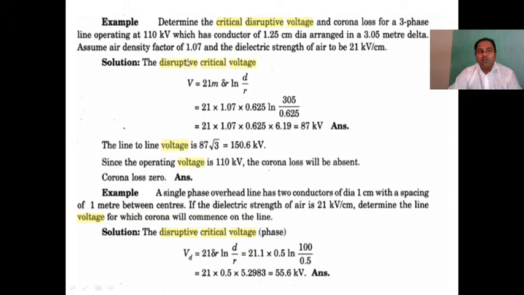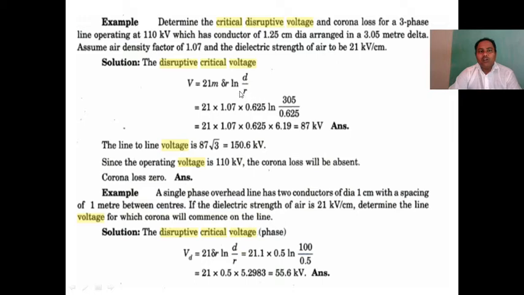The air density factor they have given as 1.07. The surface irregularity factor they have not given, so assume that it is 1. Then the formula continues with surface irregularity factor into r log d by r.